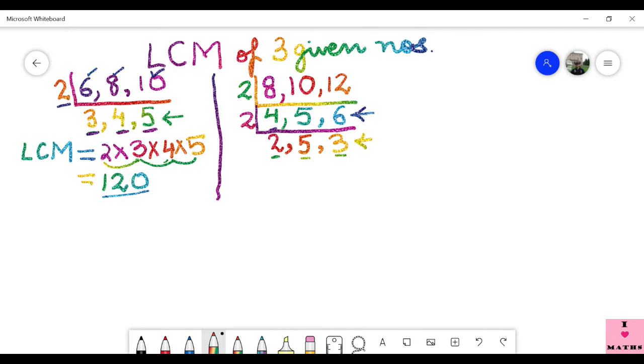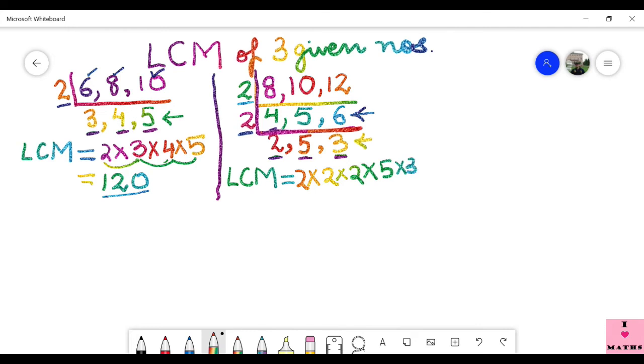So our sum is over, and now we have to calculate the LCM. We will calculate the LCM by multiplying the numbers which are forming L outside this big L. So we will multiply 2 by 2 by another 2 by another 5 and by 3.